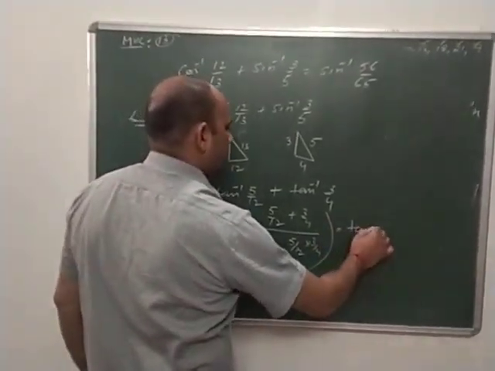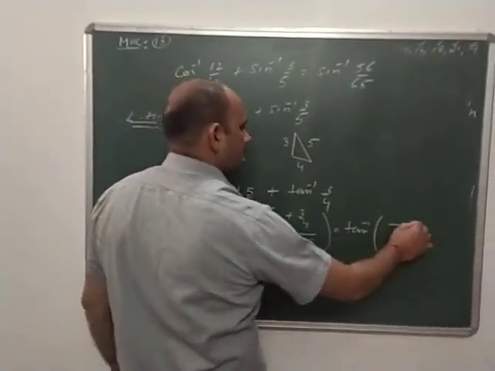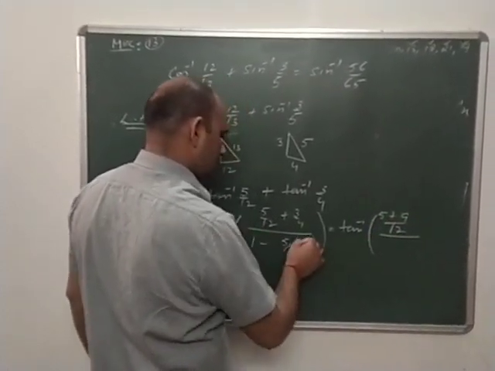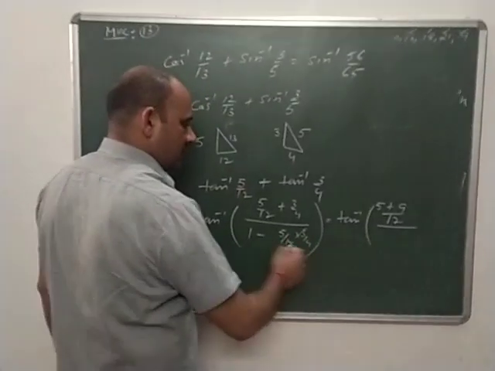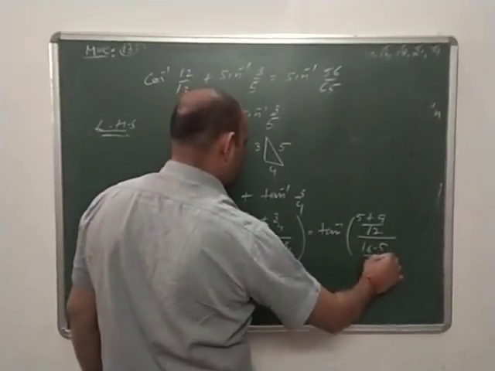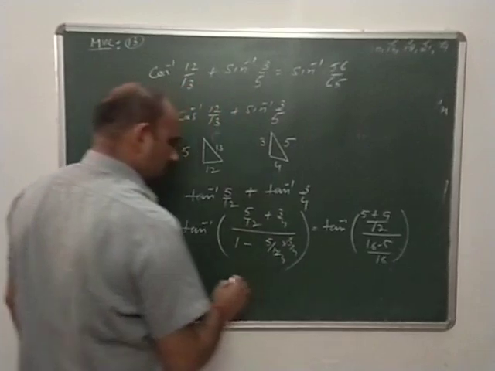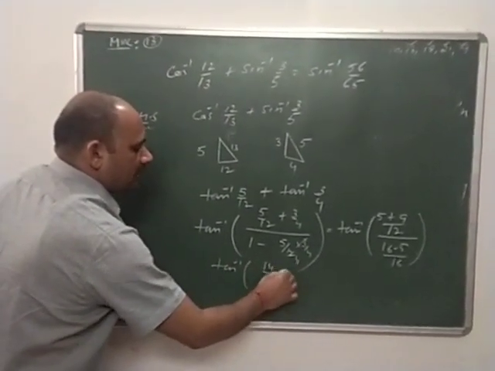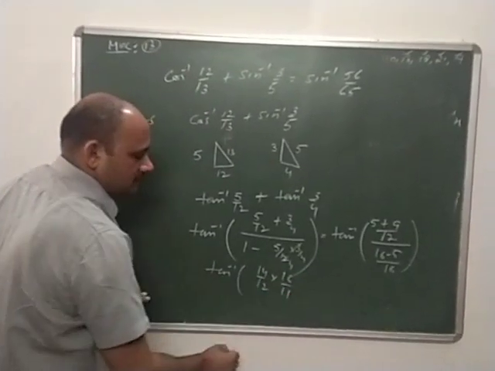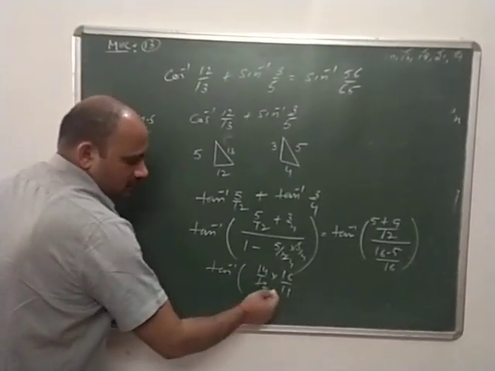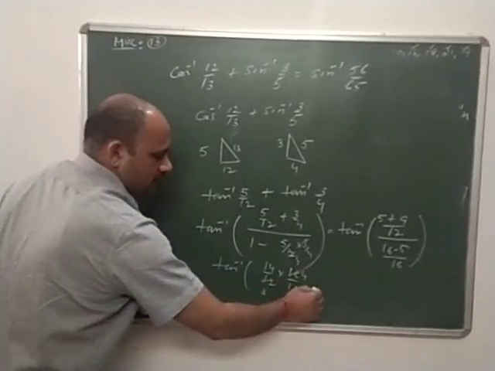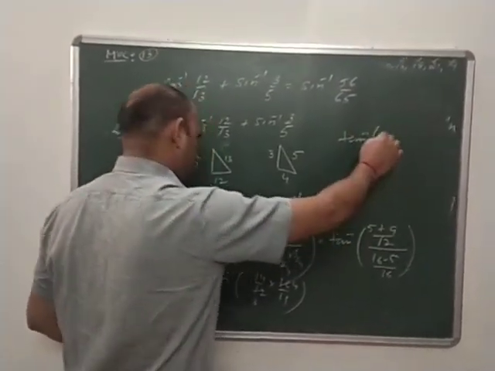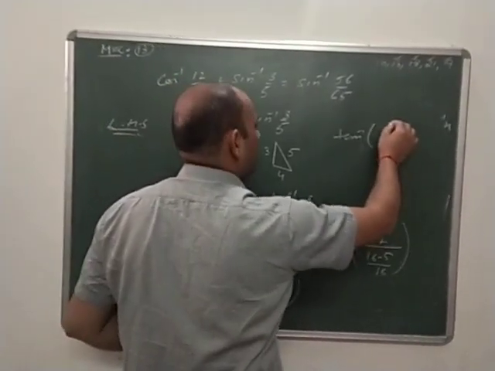The resultant uses 12 as LCM: 4 3s are 12, 4 4s are 16, giving tan inverse of 56 by 33.